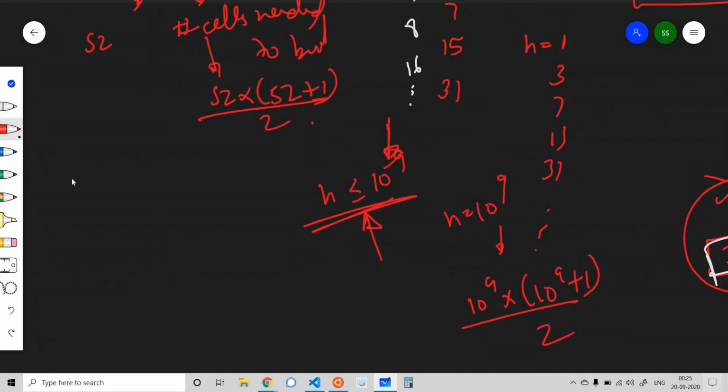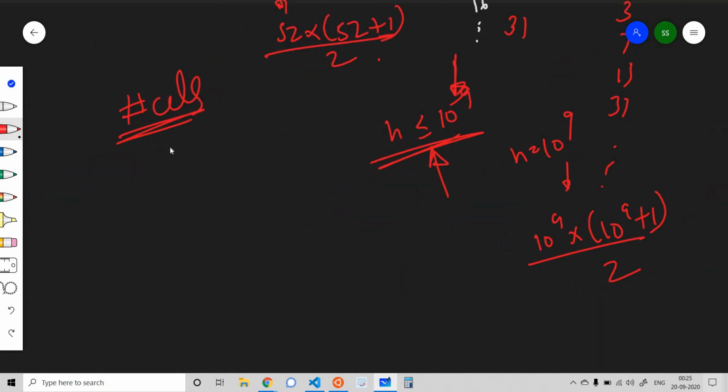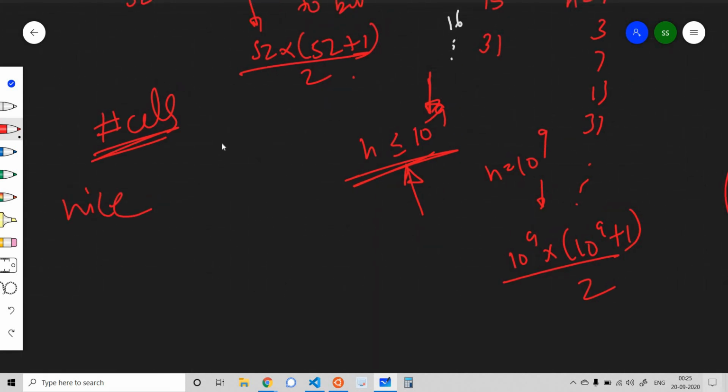So we have been given the number of cells, and we need to build as many nice staircases as we can. So we'll start from the smaller size and go to the bigger sizes, like from 1, then 3, then 7. We will keep on adding the sizes.